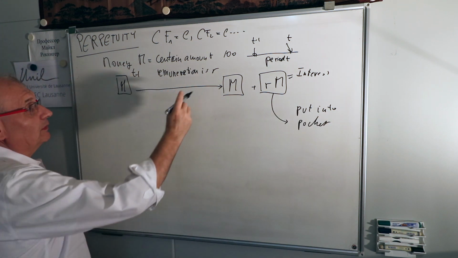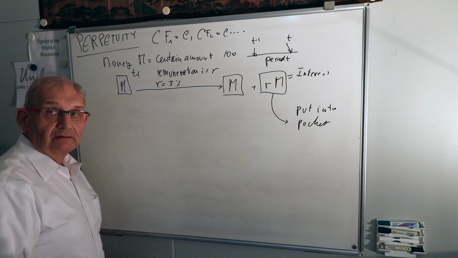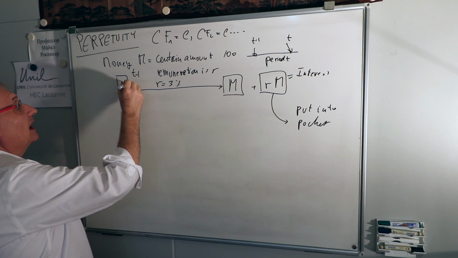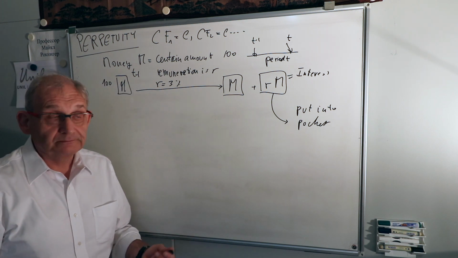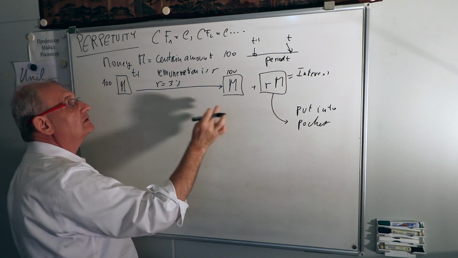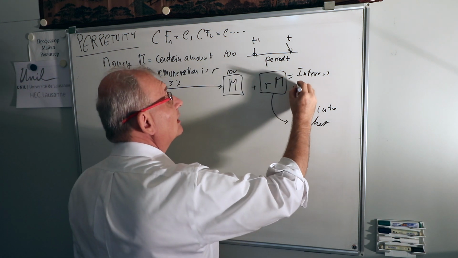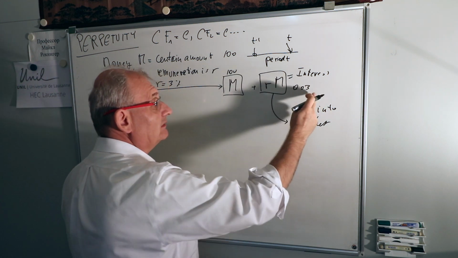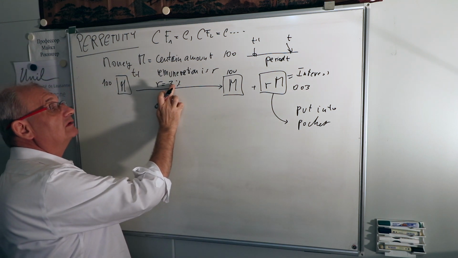Let's take numbers. Suppose that the remuneration here, R, is going to be equal to 3%. You have initially M equal to 100. How much are you going to get at the end of the year? Answer is going to be M, 100. And then you get the interest, 3% of M. You write this by multiplying the interest expressed in decimal form, not as a percentage.